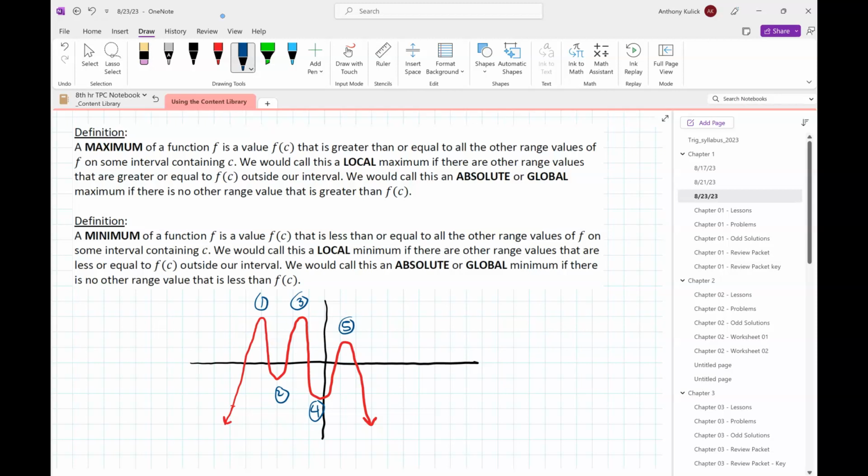Everybody agree? Okay. Of those 5, which of these are absolute maxima? Jake? Okay. Number 3, okay. Are there any others?